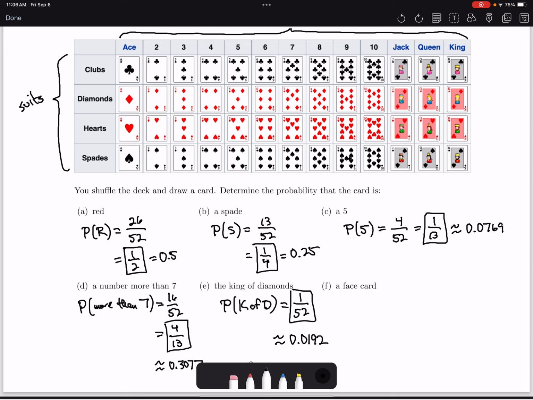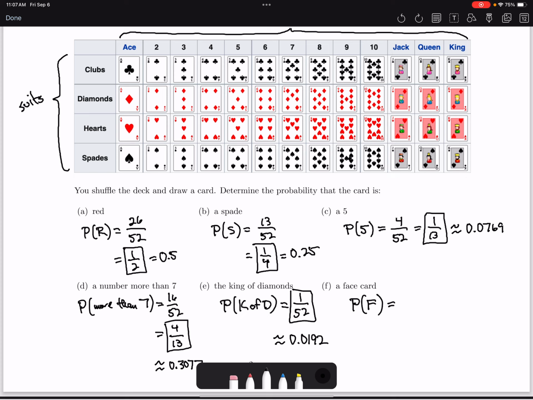And then finally, part F asks, what's the probability that the card is a face card? The probability that you draw a face card. These are the face cards. Jacks, kings, and queens are face cards because they have faces on them, so they're called face cards. It looks like there are 12 of those.